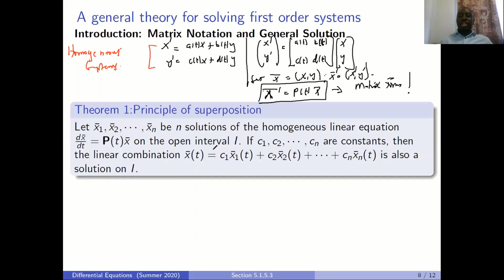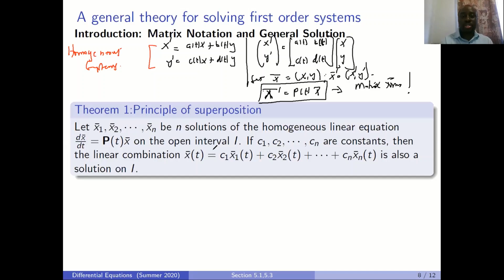The foundation for classifying the general solution as a vector space in the second order case was the fact that the principle of superposition held for a second order homogeneous differential equation.